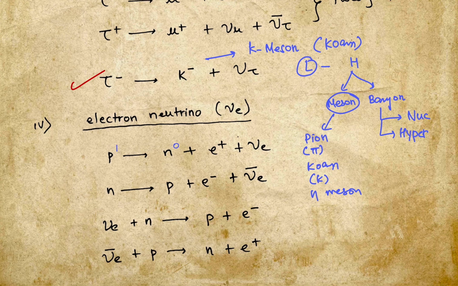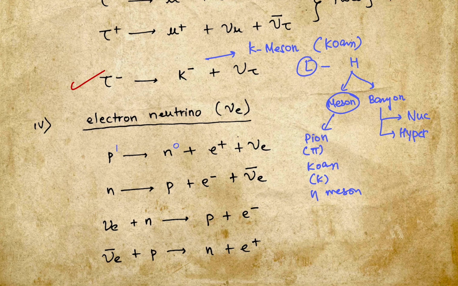They showed that these oscillate, and they won the Nobel Prize for this. I think in 2016 or 2015, if I'm not wrong. Just confirm it, okay? Just a general trivia for you. Now we are done with leptons.